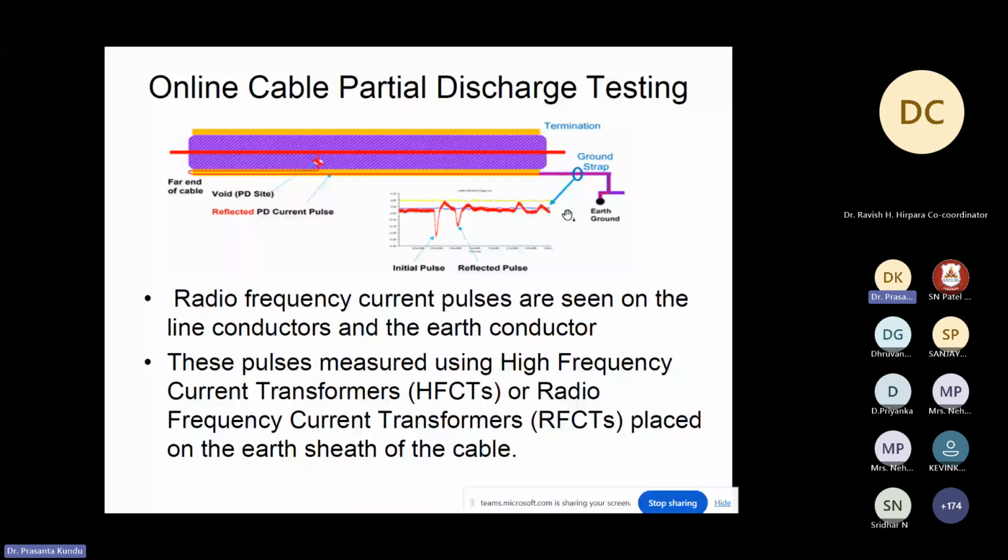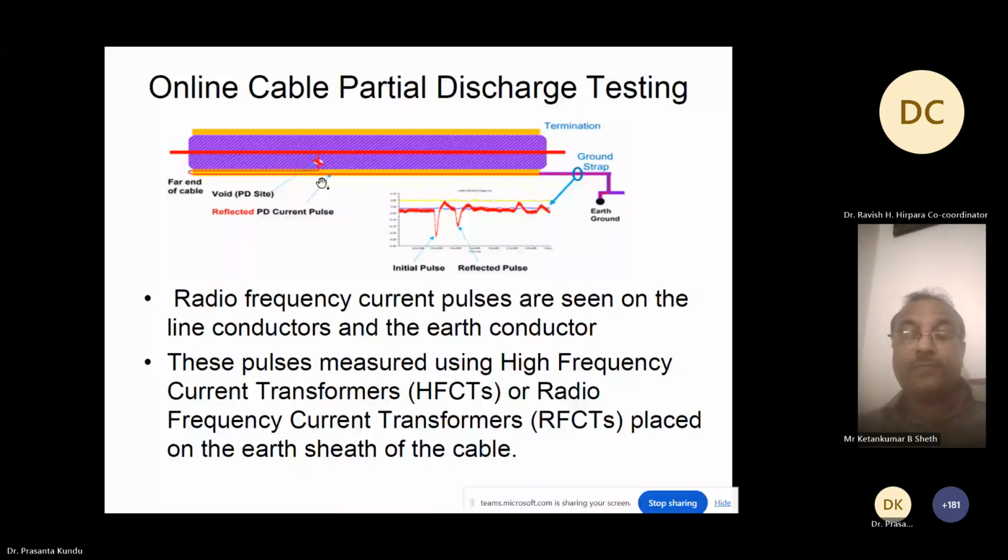It can be in 2-3 different zones. So this is one point, and in another zone it can also be connected on one side, and the pulse will propagate in both directions, not necessarily only one direction. So I can find the locations. Whenever there is a partial discharge at one particular location, the radio frequency current transformer or high frequency current transformer will record that signal.